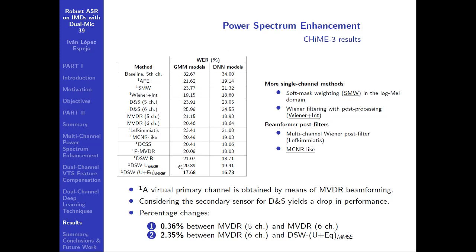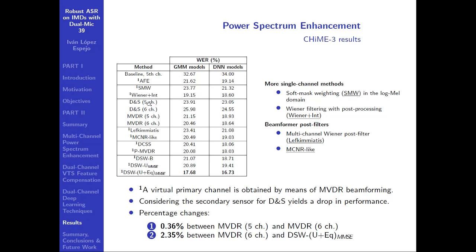As expected, similar trends are achieved by employing Gaussian mixture models and deep neural networks for acoustic modeling. Again, the best results were obtained by our dual channel spectral weighting technique with bias correction and noise equalization.